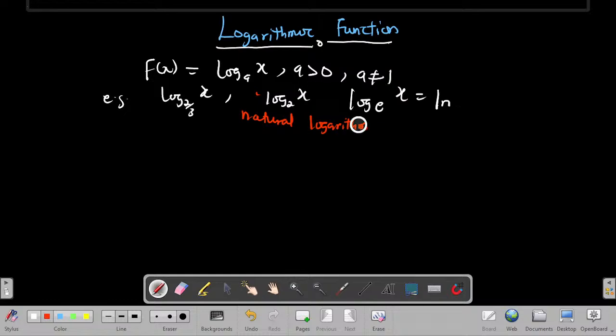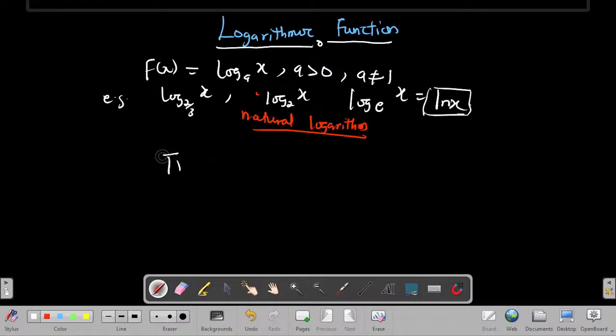When you talk about the natural logarithm, it's simply our normal logarithm, but to the base e. So we represent it with ln. So log e x is the same as ln x. So whenever you see ln x, it means that it's log to the base e. In your calculus course, you'll be meeting it all the time, and don't be surprised or feel lost when you see that.